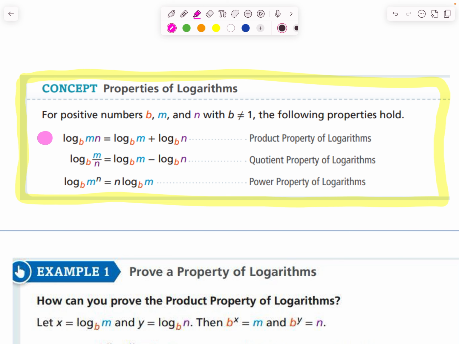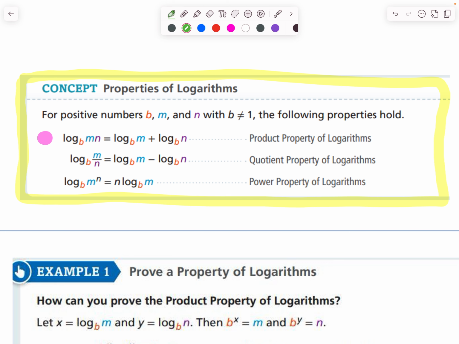So in the first property, the log base b of m times n, if you multiply, expands into log base b of m plus log base b of n. Multiplication and addition are kind of buddies in log world.